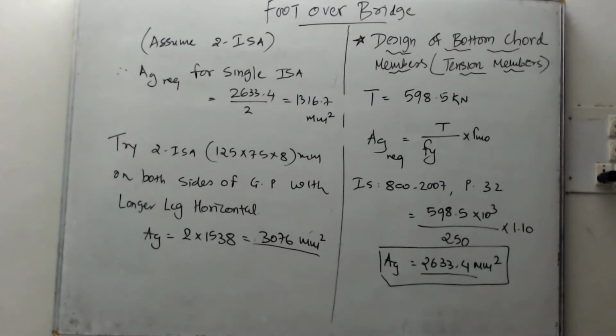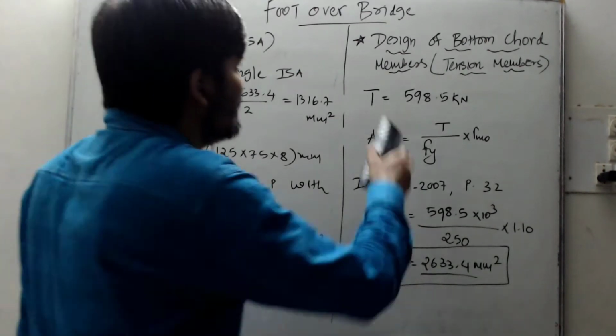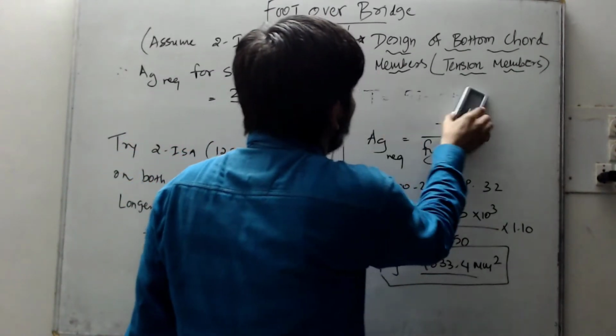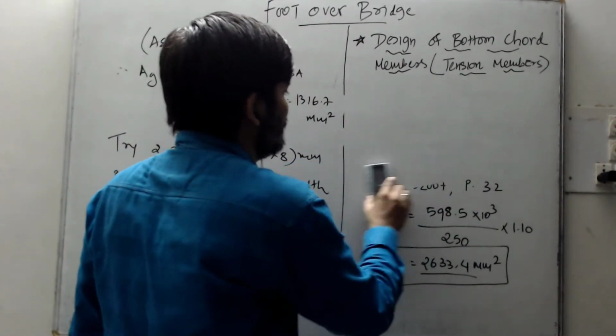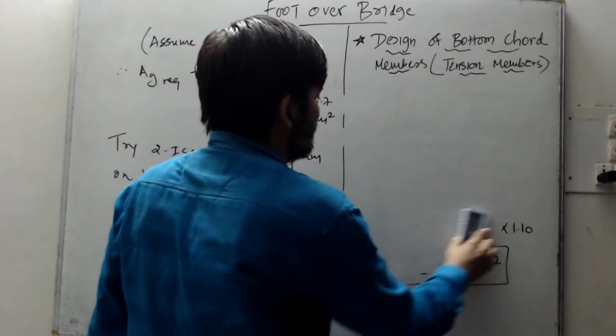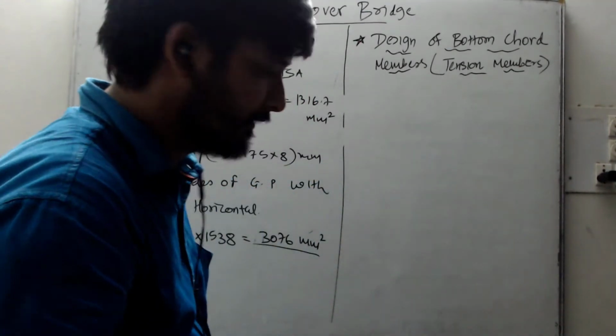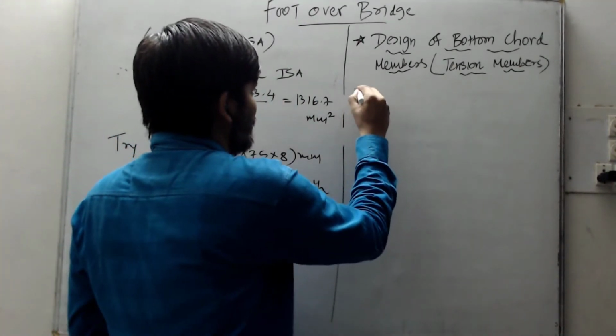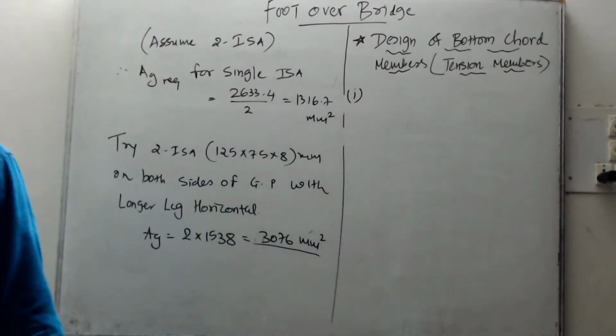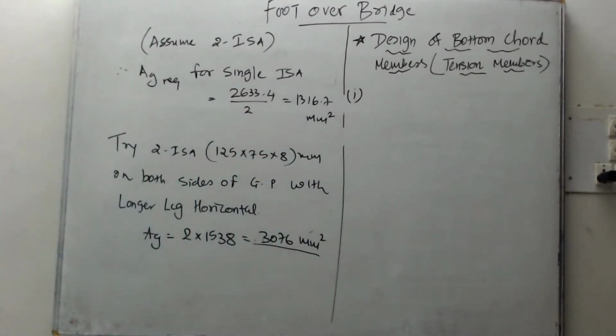So we need to check for strength governed by yielding of cross section. So we need to follow certain checks for design of tension member. So first design check is strength governed by yielding of gross section.